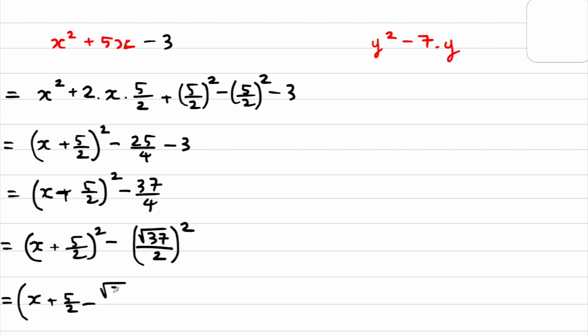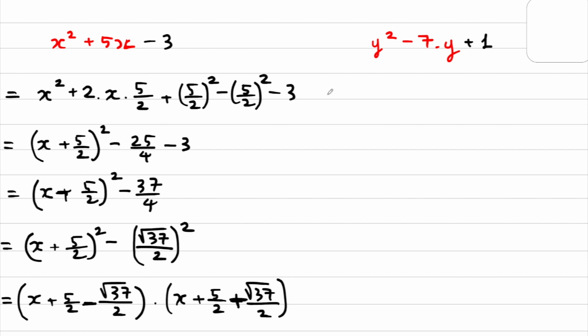So you will have square root of 37 over 2 multiplied with x plus 5 over 2 plus square root of 37 over 2 one more time. Yeah, one bracket is minus, one bracket is plus. That's it. We finish this question.